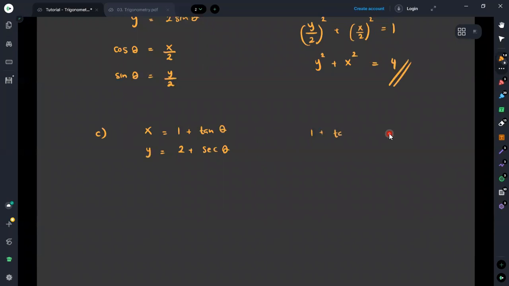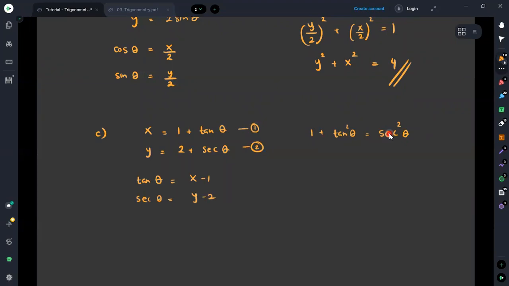1 plus tan squared theta equals sec squared theta. Here using the first and second equations, first we need to subject tan theta and sec theta. Using equation 1, tan theta equals x minus 1, and from equation 2 we can say sec theta is equal to y minus 2.